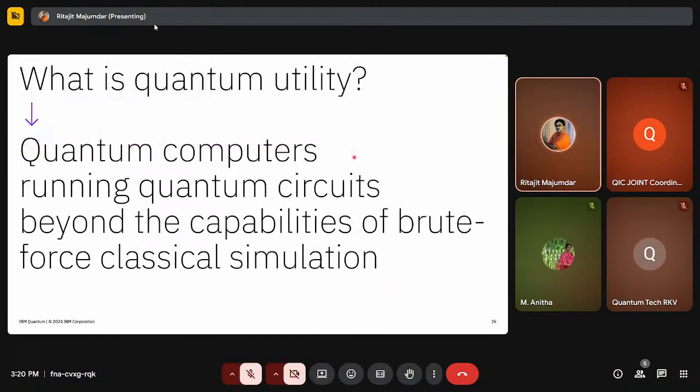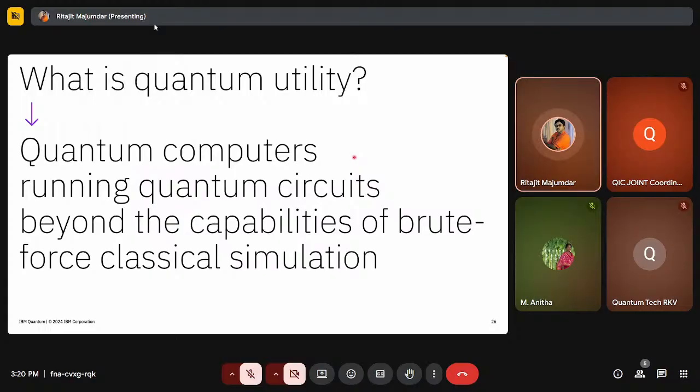So the way we define quantum utility is the point in time where quantum computers become better at being a quantum computer. You can try to understand this definition. What do I mean? What it means is that if you try to do matrix vector multiplication on your classical machine, to simulate the effect of a quantum circuit, you have a range up to which you can do it, beyond which you cannot, since the complexity of the problem grows exponentially.